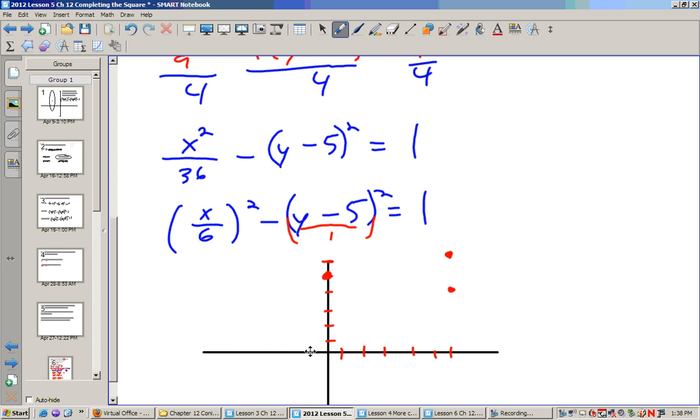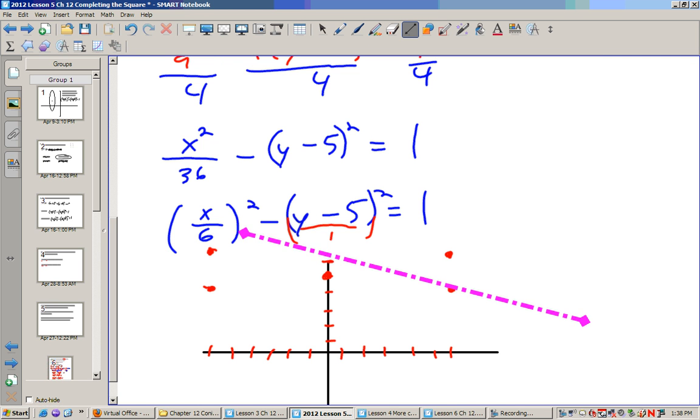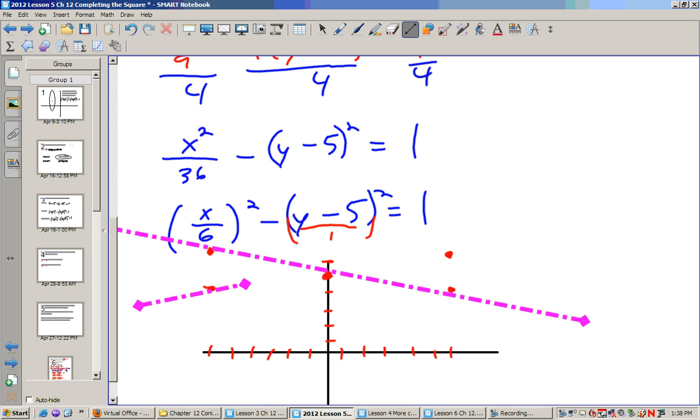And I can do it on the side. 1, 2, 3, 4, 5, 6. And I can hopefully connect my points. I'll do it with this weird line. And this one. So those are the asymptotes for my hyperbola.